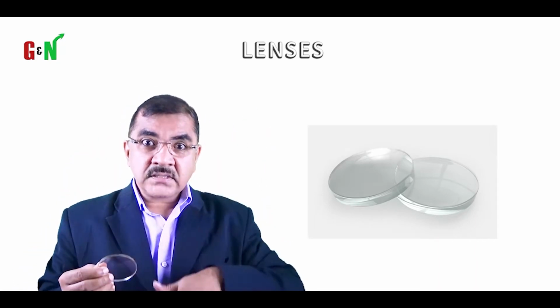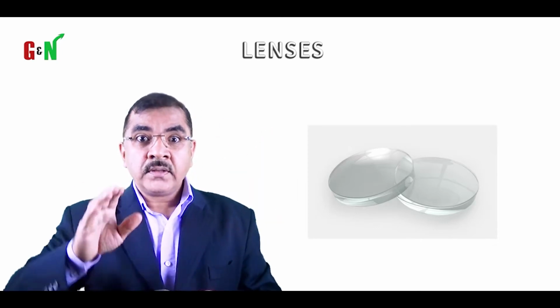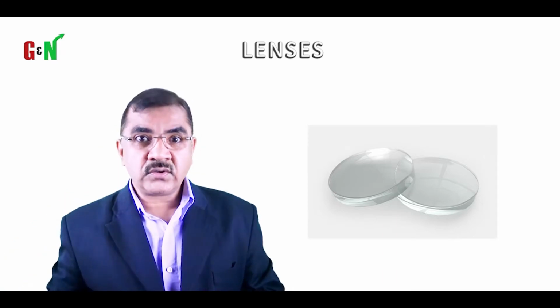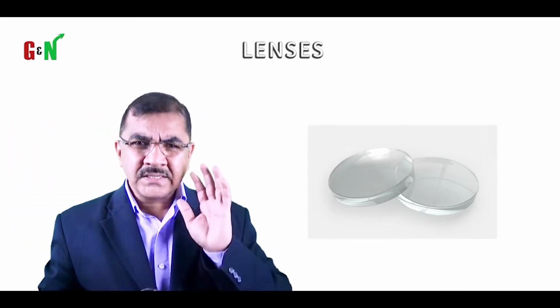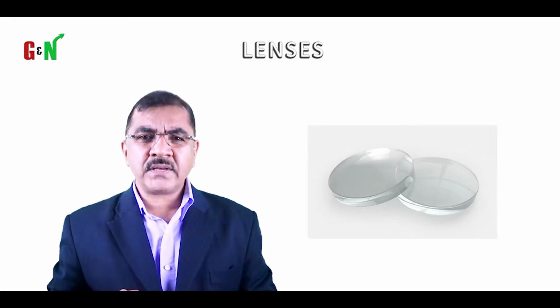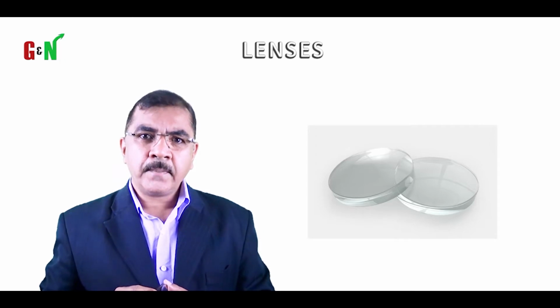From the blanks, they will cut and induce the power depending upon the curvature of the lens. Don't go too much into detail about the manufacturing aspect. When you look at something very thick, it is most likely to be a blank. So when you cut a blank in certain curvatures, you will get powers in the lens.